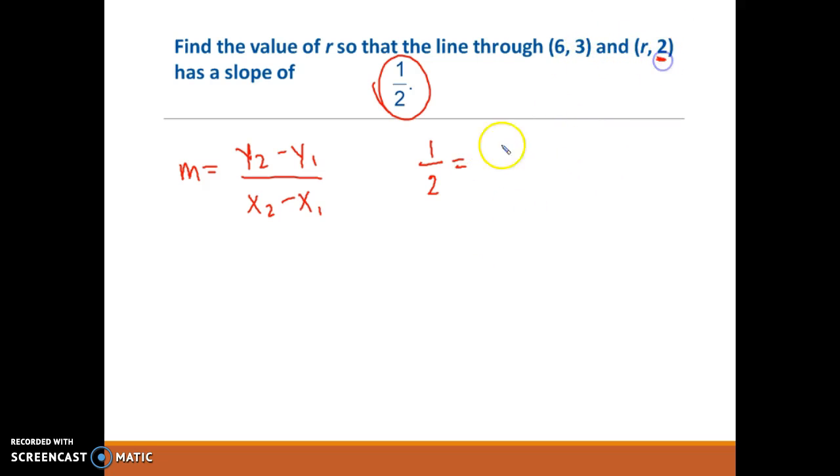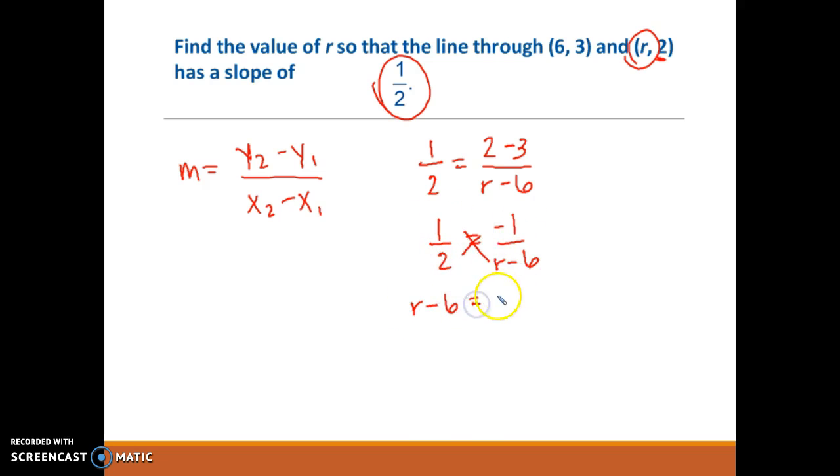So if I start with that 2, I have 2 minus 3, got to start with the same x value, over r minus 6. All right, and then I can simplify this a little more and say negative 1 over r minus 6. And you have different ways of solving this, but it is a fraction that equals a fraction, so one option is to cross multiply. 1 times r minus 6 is just r minus 6. 2 times negative 1 is negative 2. Add 6 to both sides. r equals 4.